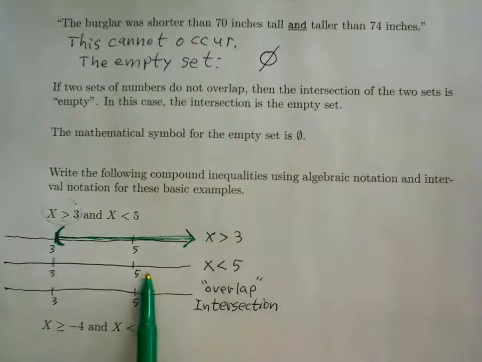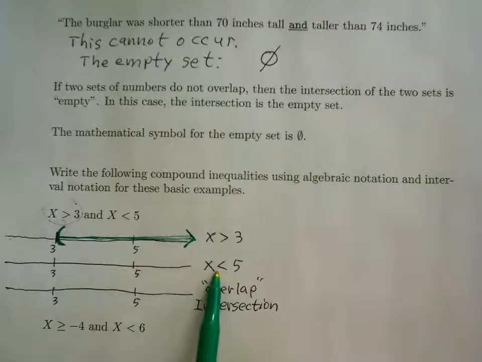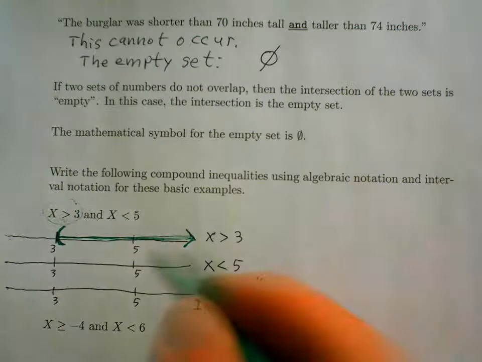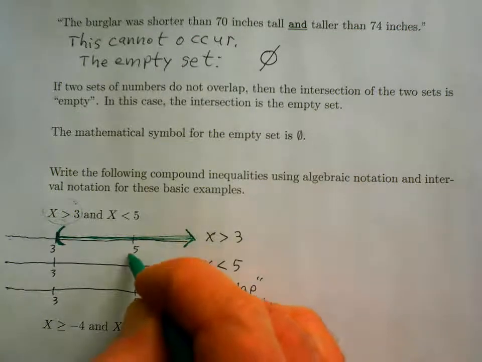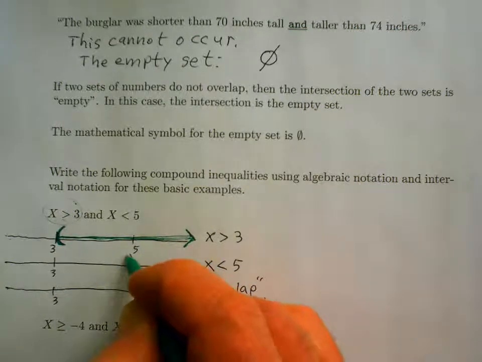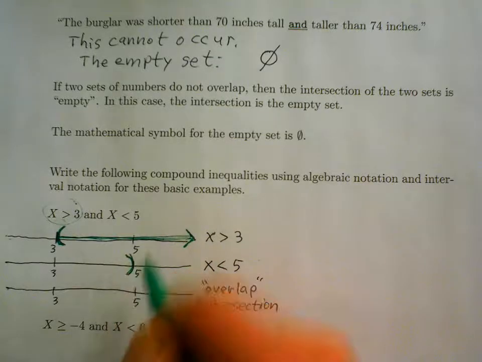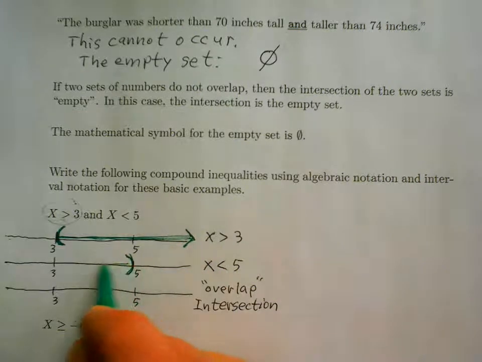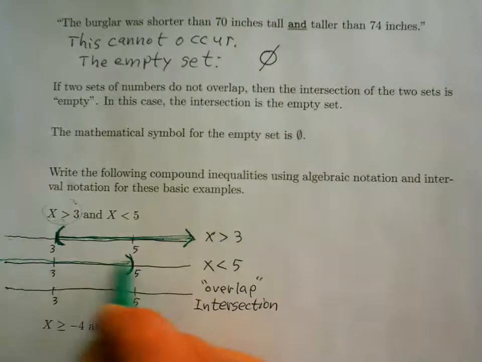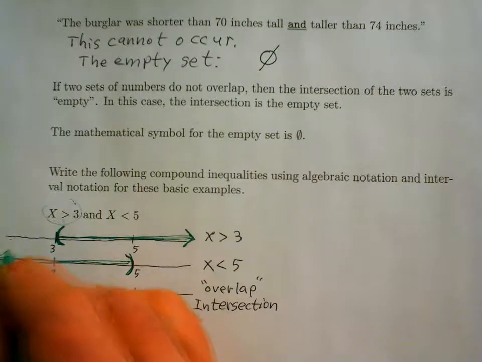For the second one, let's graph x is less than 5. Then we put a parenthesis at 5 opening to the left, and we shade everything to the left going to negative infinity.